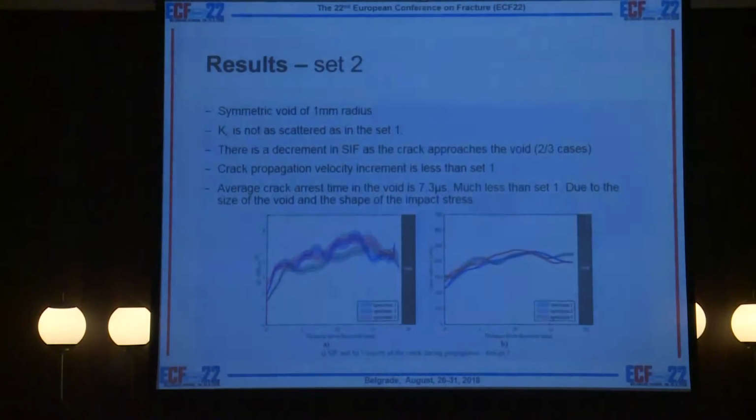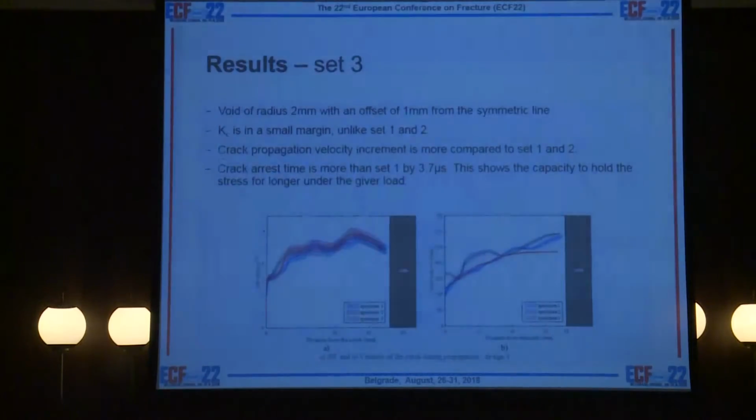That is because of the reduction in radius, the instant stress field around the void, and kinetic energy. Incoming crack propagation velocity also has an effect on this parameter, on crack arrest time.